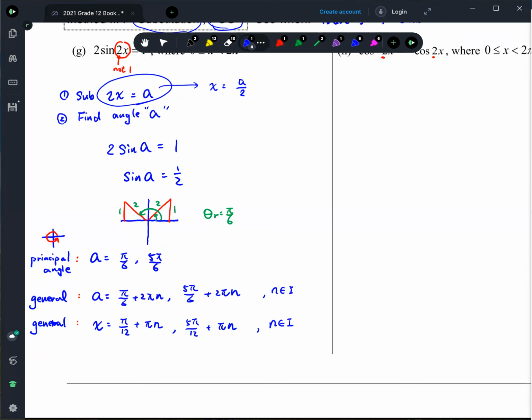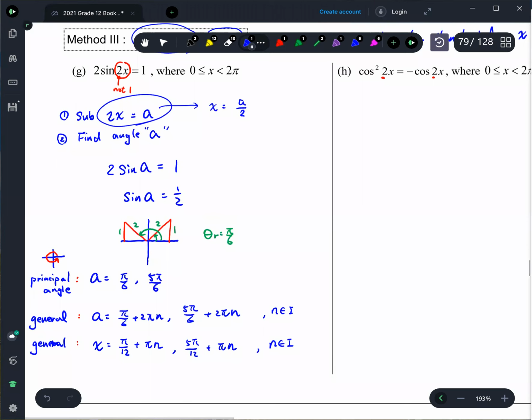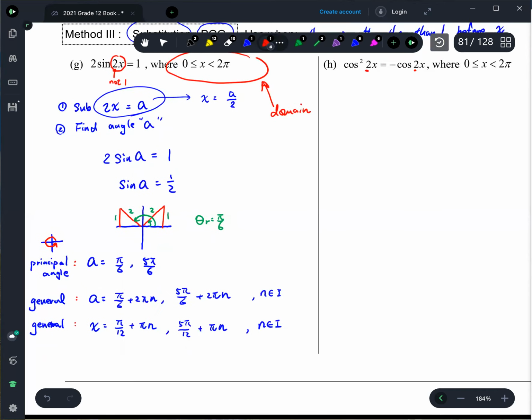Okay, so this is general for x, right? Now we can use these ones to help us find the angles in domain. Okay, now this is the domain. The domain is everything that fits inside 0 to 2 pi.